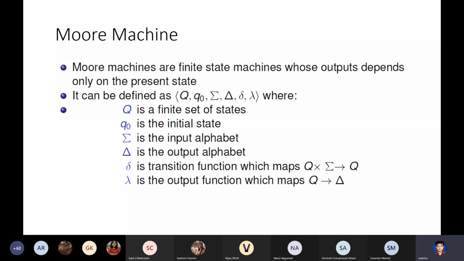In a Mealy machine, Q cross sigma to delta is the output function. But this can easily be handled for the purpose of conversion.